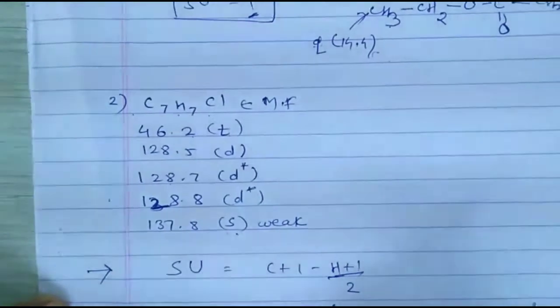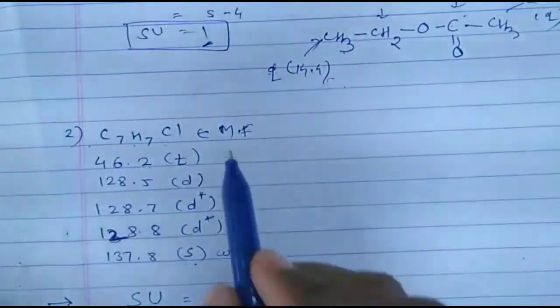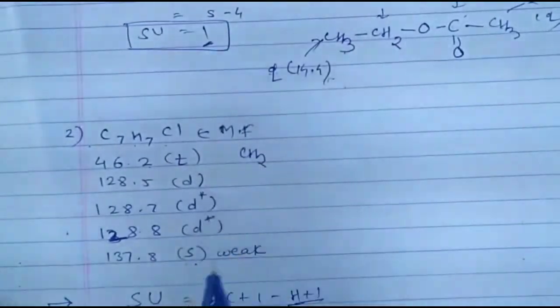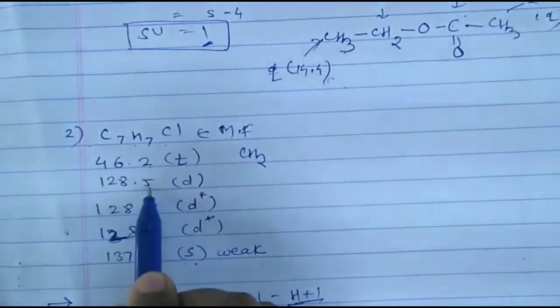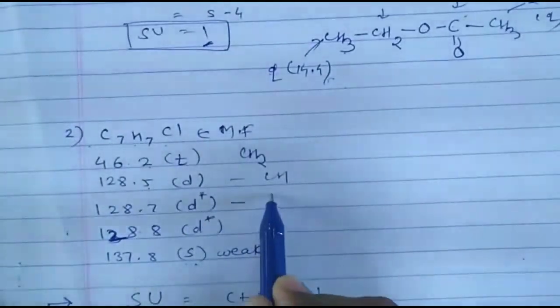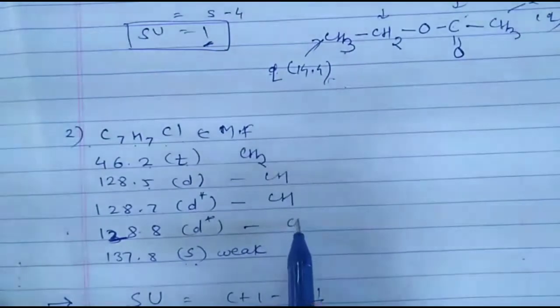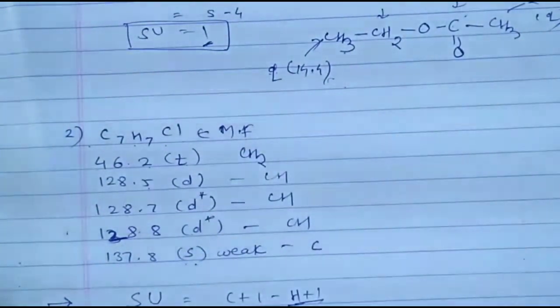Next, they give us the value 46.2 triplet, that means this must be a CH2 carbon. 128.5 doublet means CH is there, this is also a doublet, so this is CH, this is CH, and this is a singlet, that means only C is there.